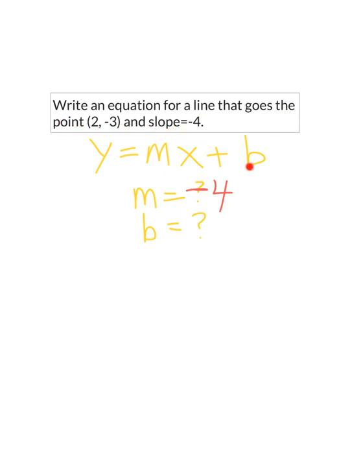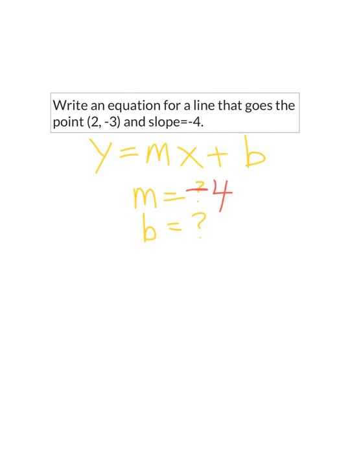How am I going to figure out the y-intercept? They don't tell me what it is. They give me an ordered pair, and they give me the slope, but they don't tell me the y-intercept. So this is something that I'm going to have to calculate using the information that they have given me.